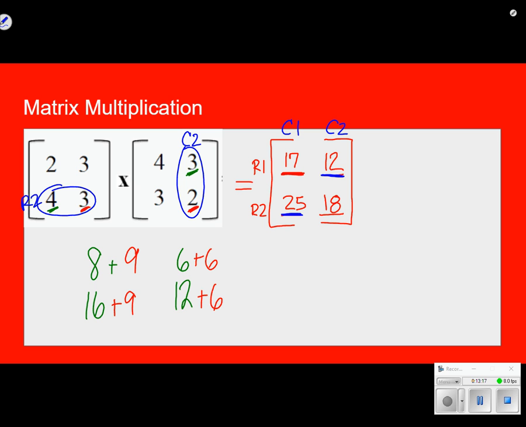Now the whole circling and underlining the entries here with colors, if I'm doing it on my own, I don't do that. I put my fingers on those row and column on my paper and do that.